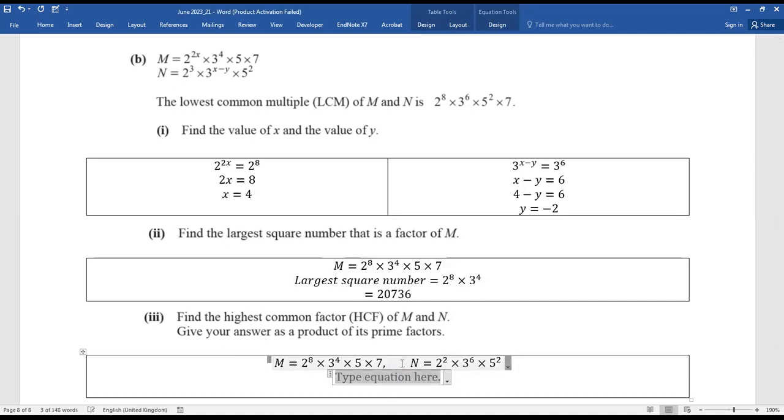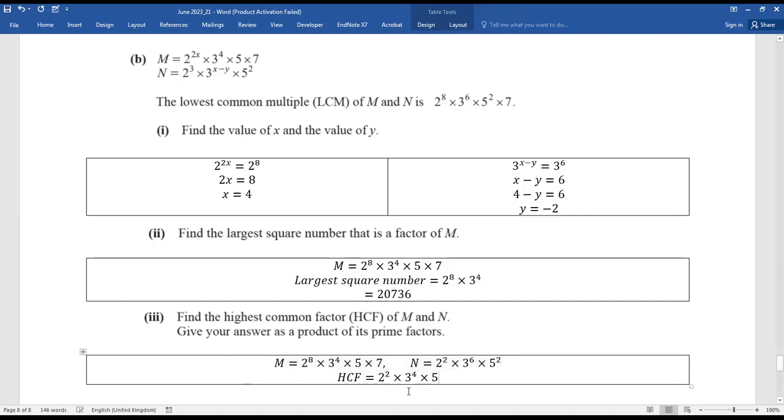So let's find their highest common factors. What factors are common in both? 2 times 2, 4 times 3, and just 5 one time. So this is the HCF, or the highest common factor of both the numbers.